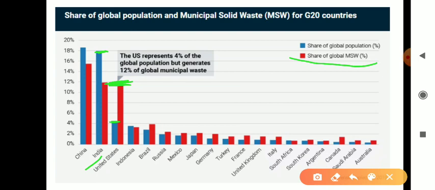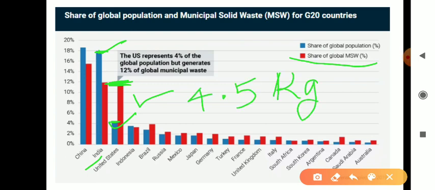Though the population of India is high and the population of the US is low, the US is producing high global municipal solid waste, because they have 4.5 kg per capita per day, means one individual is producing 4.5 kg of waste per day.